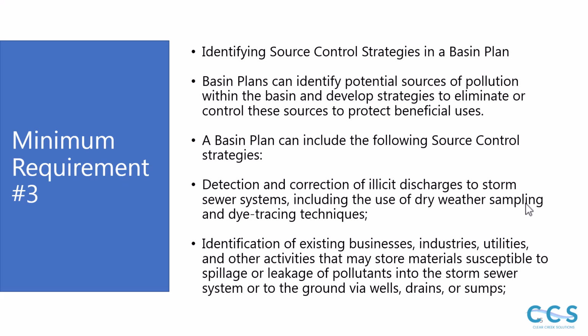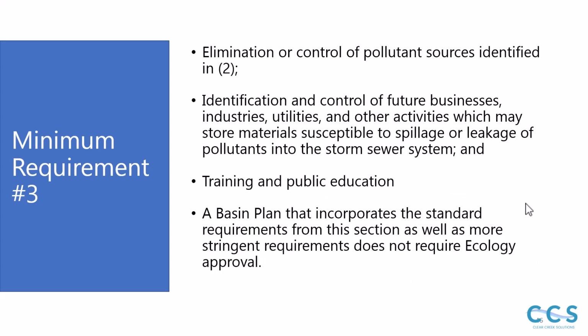So you're going to be aware of what kind of industries are around you on the project site. And elimination or control of pollutant sources identified in 2. So identification and control of future businesses, industries, utilities, and other activities which may store materials susceptible to spillage or leakage of pollutants into the stormwater system, and training and public education.